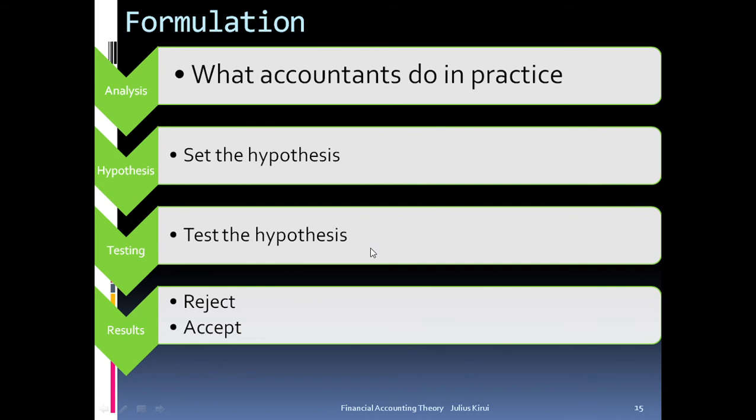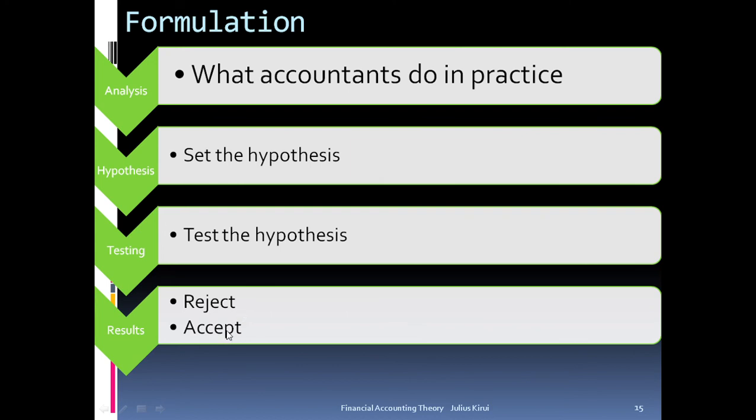Now once you've done the testing of the hypothesis, the result will be that you either reject or accept. If you reject, it means it is under particular significance. So we say reject meaning it is true. Reject meaning it is against the null hypothesis.